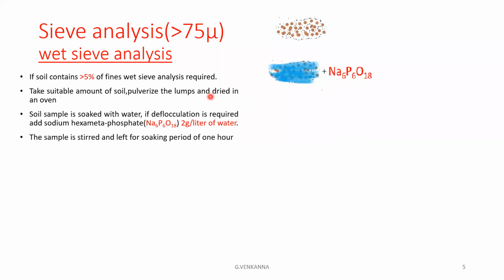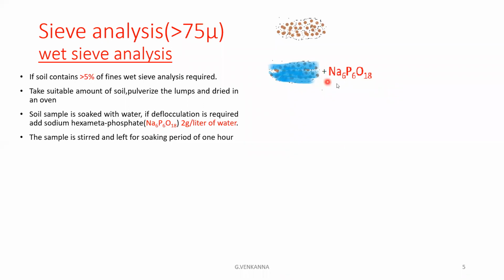In order to break down these attractive forces between the particles, we add the deflocculating agent, sodium hexametaphosphate, at 2 grams per liter to the soil.